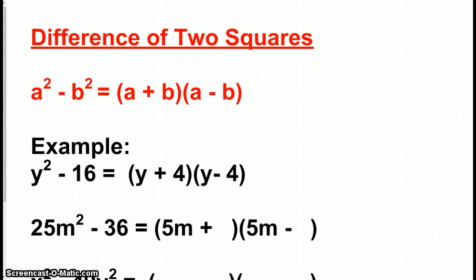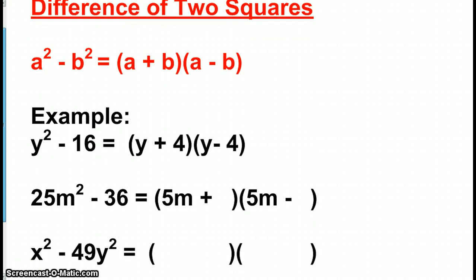That is, we're going to take the square root of a squared and add it to the square root of b squared. And then we're going to multiply by the quantity the square root of a minus the square root of b. And that's how we get y plus 4 times the quantity y minus 4.